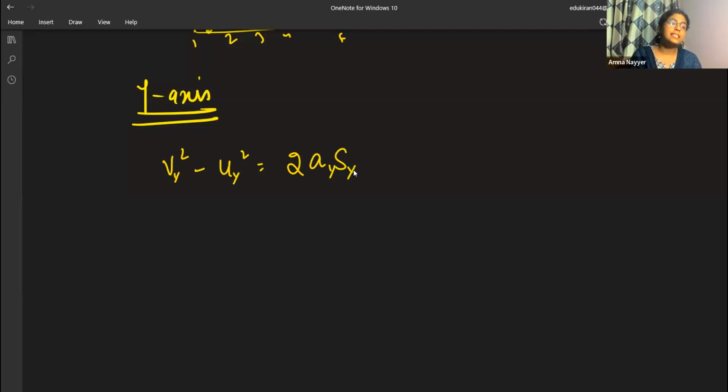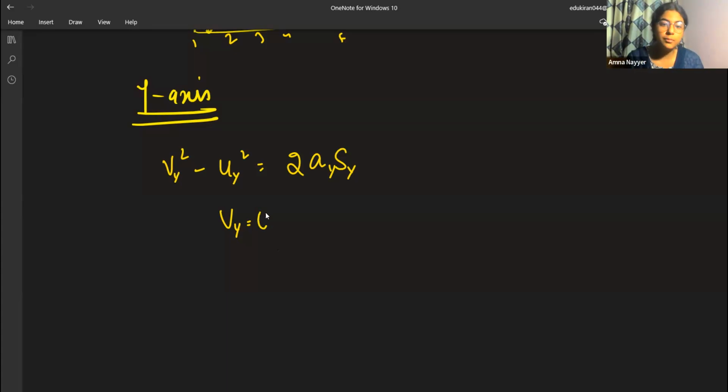Class, can you tell me what should be Vy? The final velocity at the highest point: 0. Very good. In the conditions also I have told you, and when we did motion under gravity, we saw that at the highest point, the velocity becomes 0.